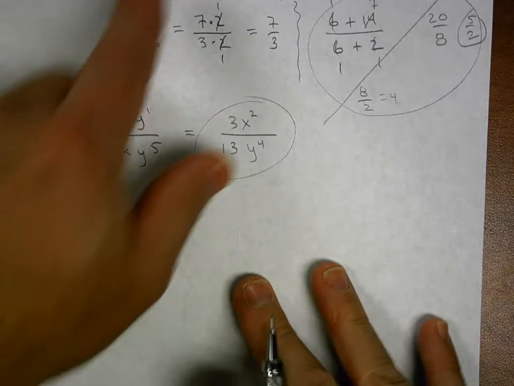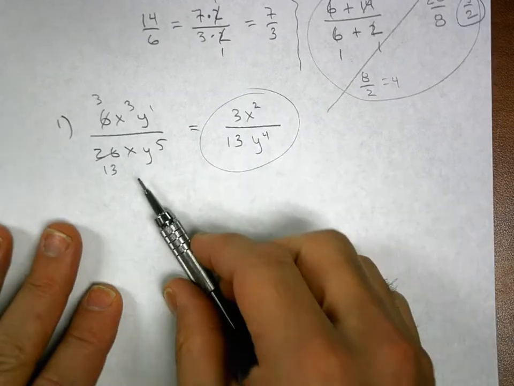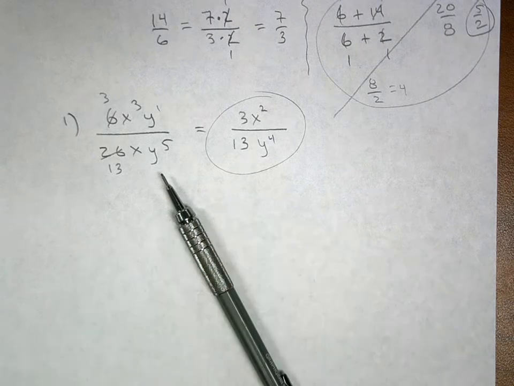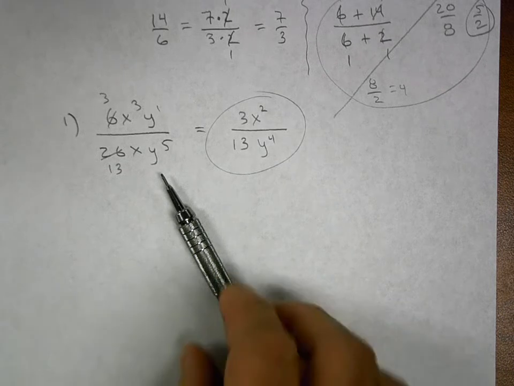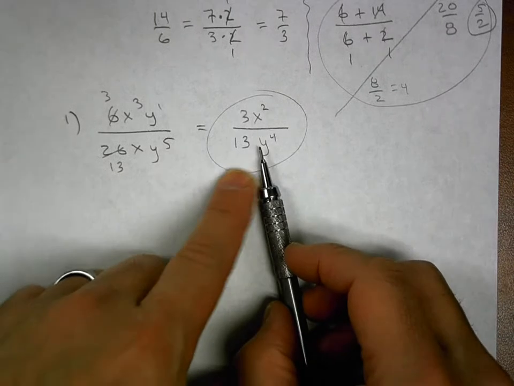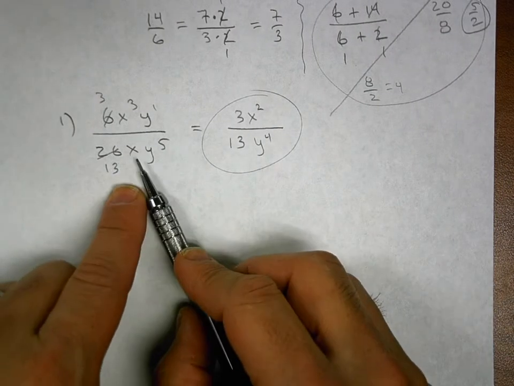Now, identify the values of the variables that must be excluded. If you have a fraction, we have to make sure we don't have 0 in the denominator. You cannot divide by 0, right? So I know the x got canceled out, but anywhere along the line, x is on the bottom.